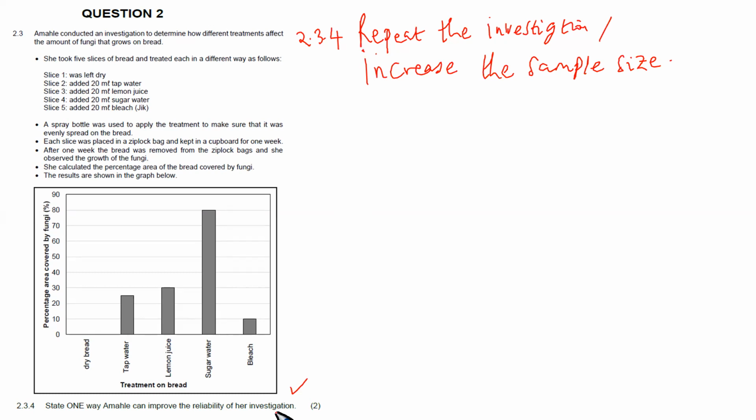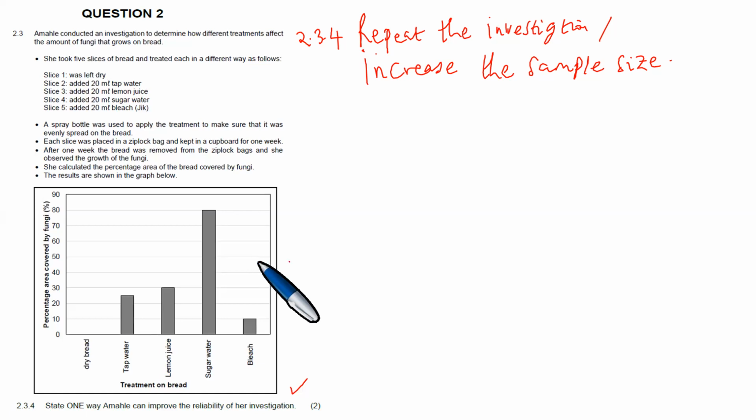If need be, just go to another tap of water, another lemon juice, another sugar water, another bleach, not the same bleach you used, and a different bread. If you took these 5 slices from a given loaf of bread, then you can use a different loaf of bread. You repeat this investigation and see the outcomes and see if the fungi will grow like this. So that is what is happening here.